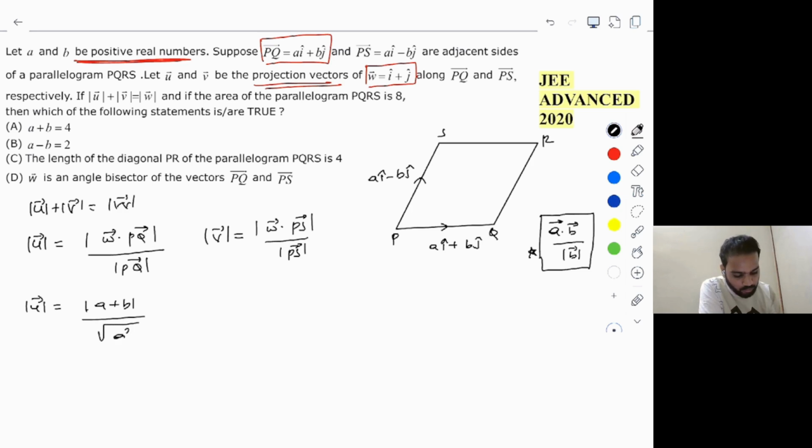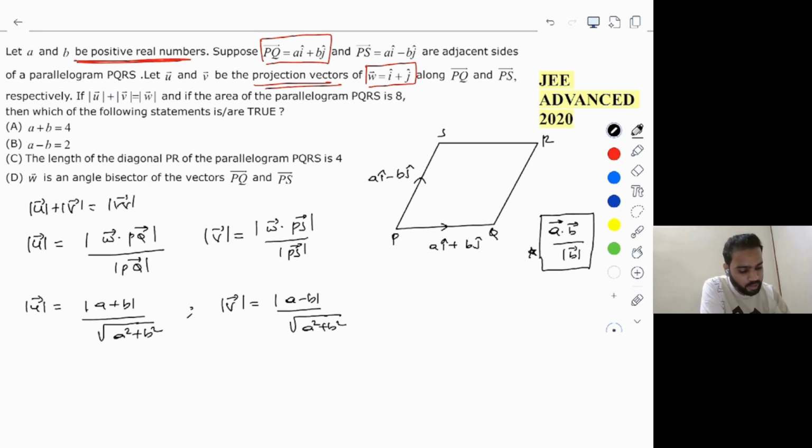Clearly it is square root of A square plus B square. In a similar way, if you look at this modulus of V bar, W bar dot PS bar, so try to do the dot product there. W dot PS will give you modulus of A minus B divided by, and what is again modulus of PS bar, which is again the same, that is square root of A square plus B square.